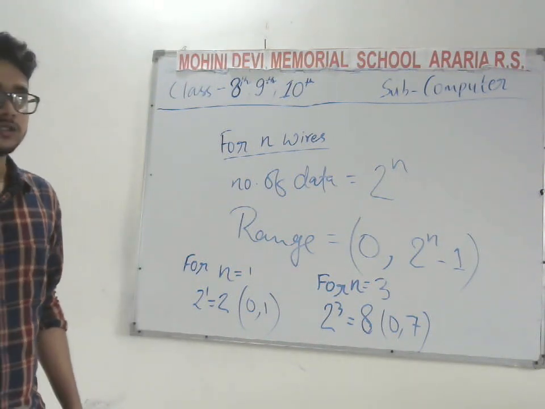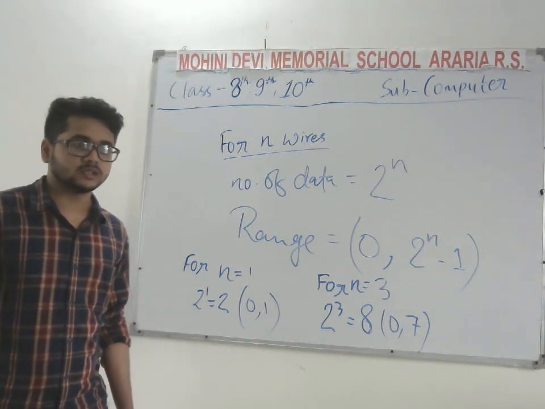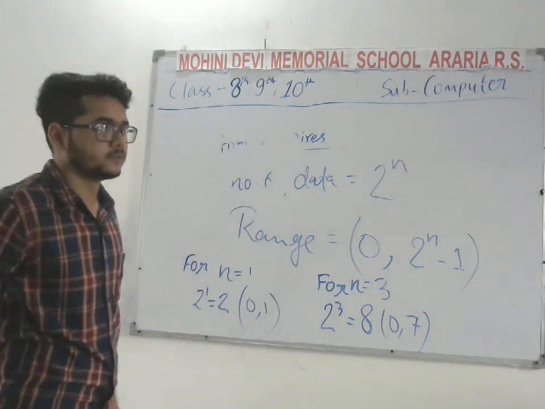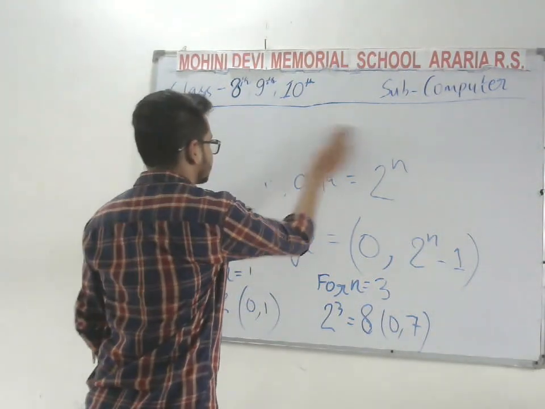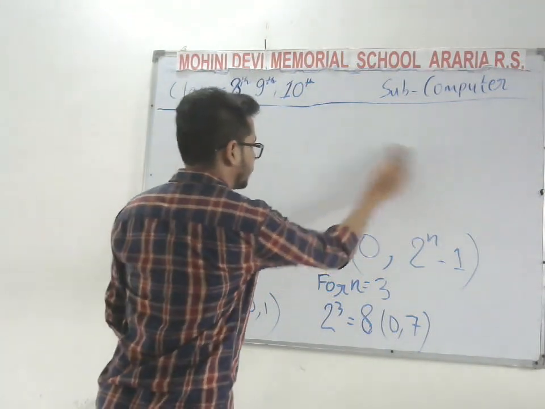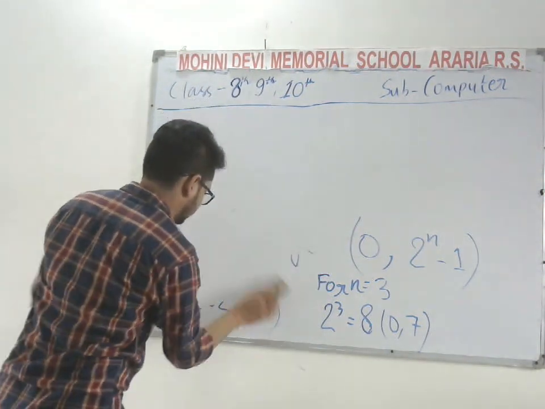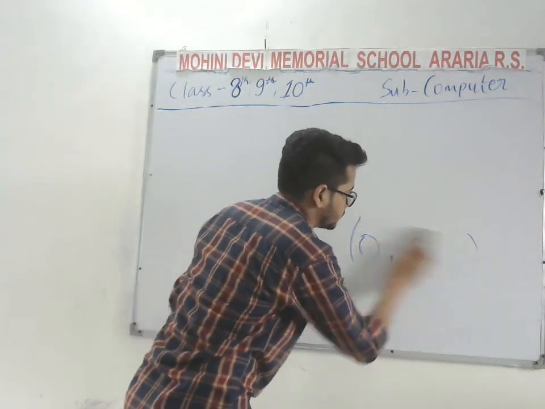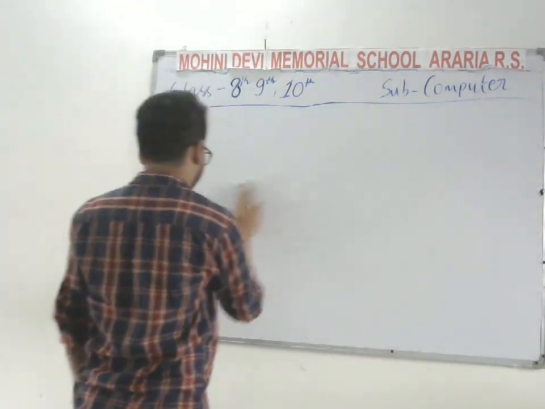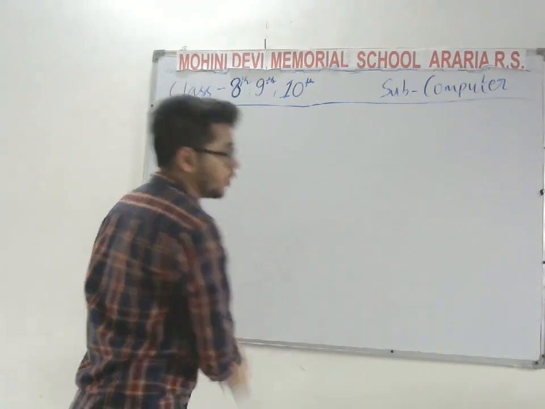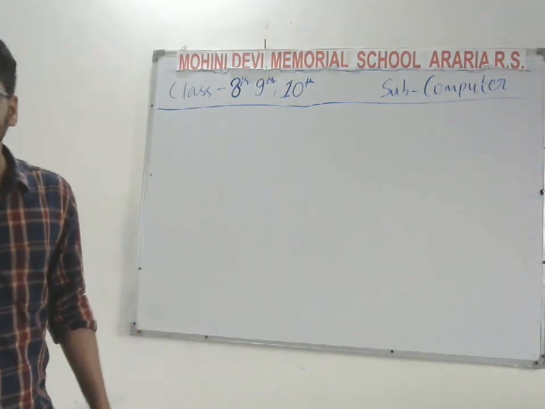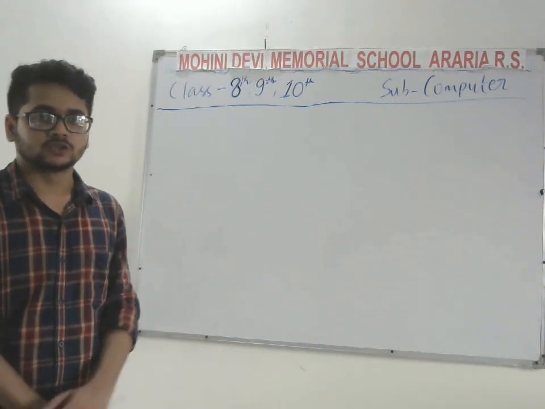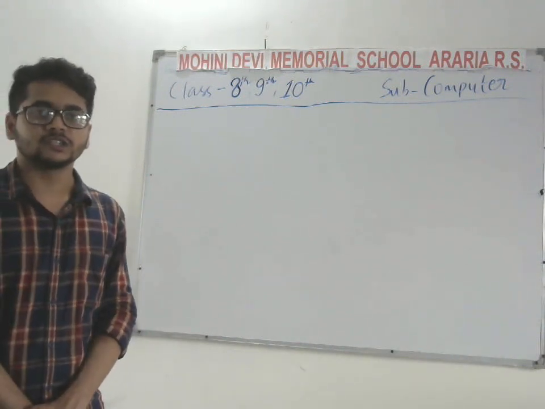This concept is used in ASCII characters. Let's calculate it for n equal to 8. Students, you understand that we have learned all the basics required for this course, and we have come to the application part.